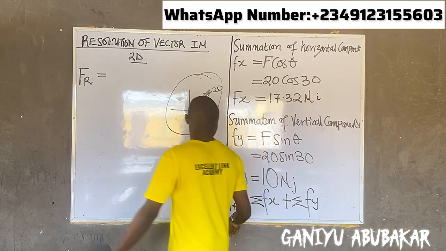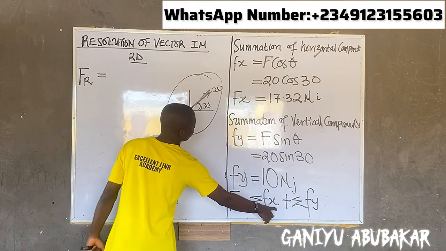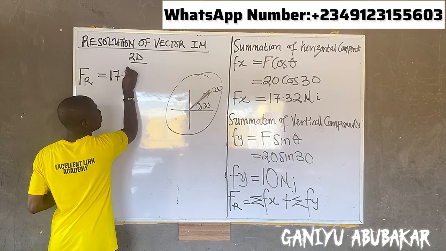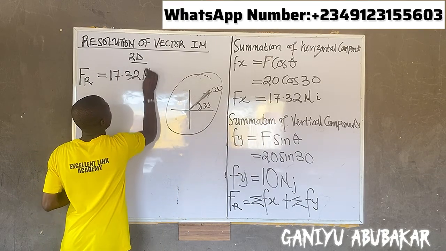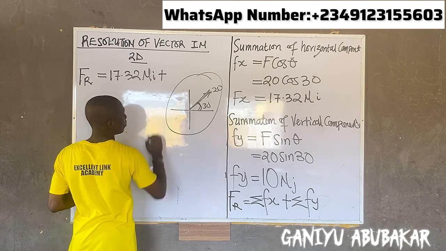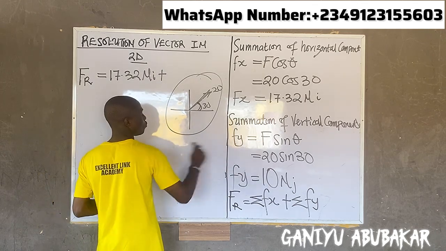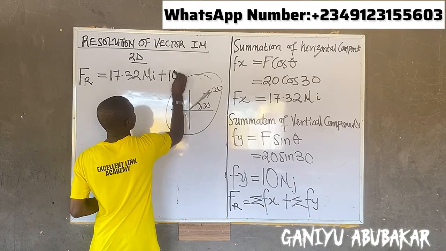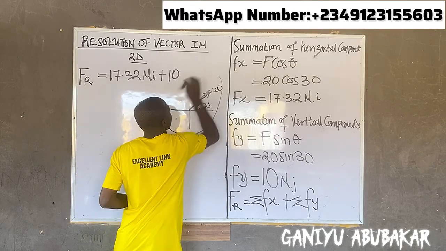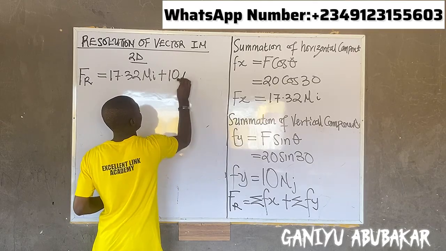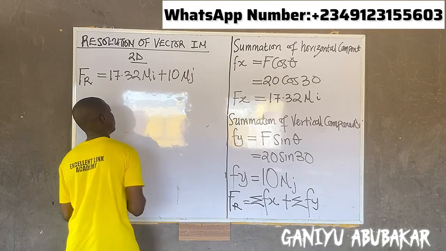Now F of r: F of x is this value, 17.32 Newton i, plus, for F of y, plus 10 Newton j.